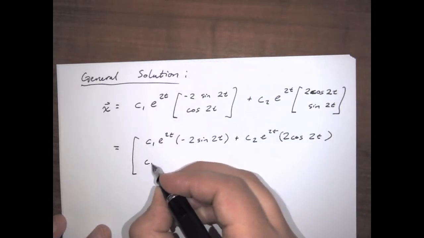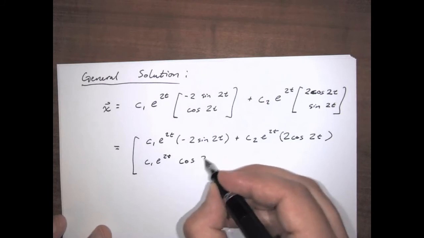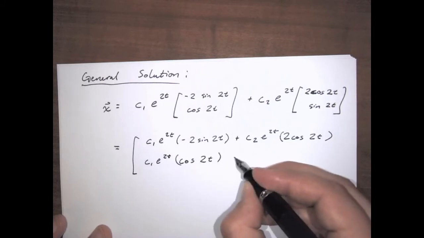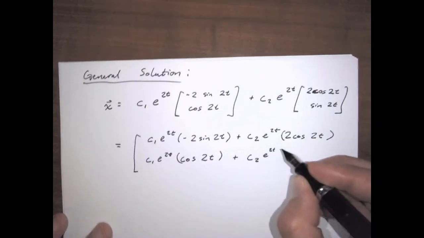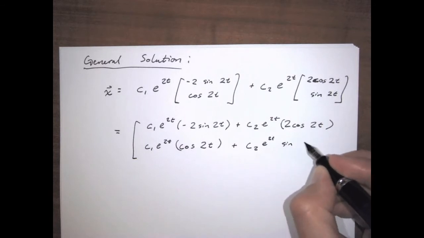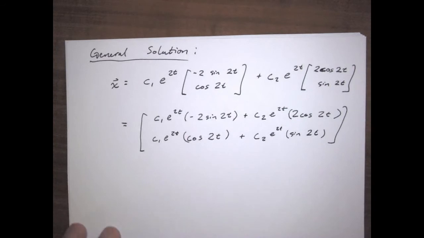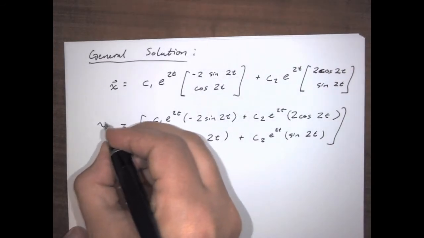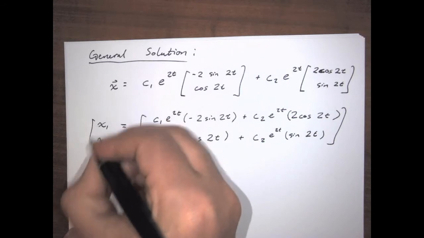And down here, c1 e to the 2t cosine 2t plus c2 e to the 2t sine 2t, which we could break into the x1 and x2.